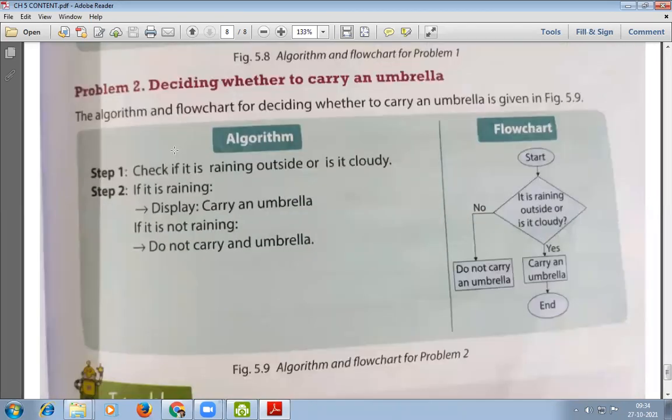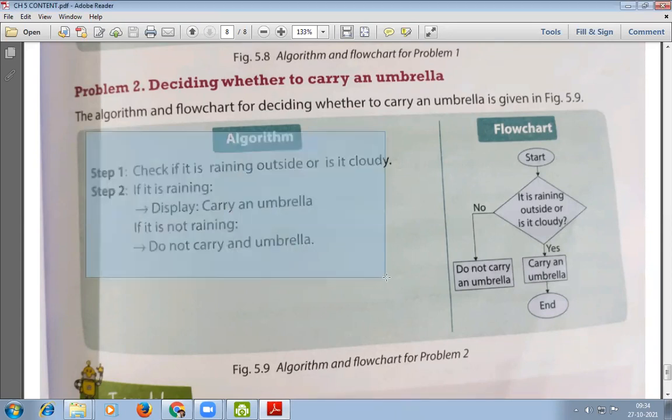Second problem, deciding whether to carry an umbrella. The algorithm and the flow chart for deciding whether to carry an umbrella is given in figure 5.9. Here, the algorithm along with the flow chart is given. So what is the algorithm?